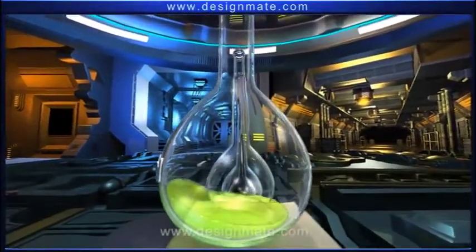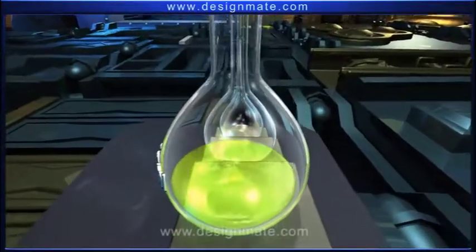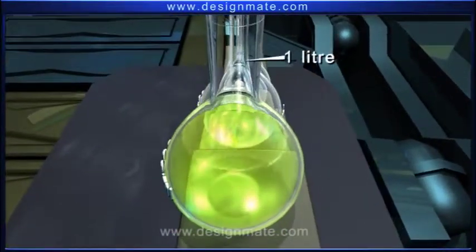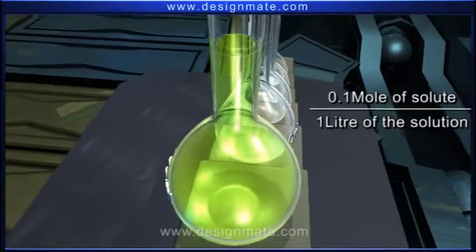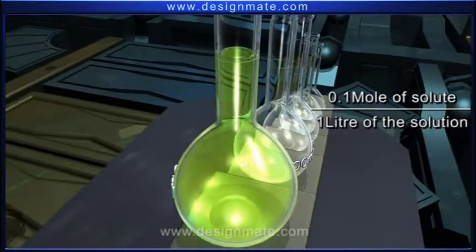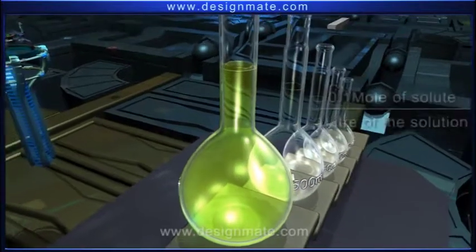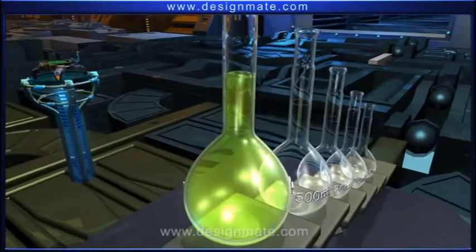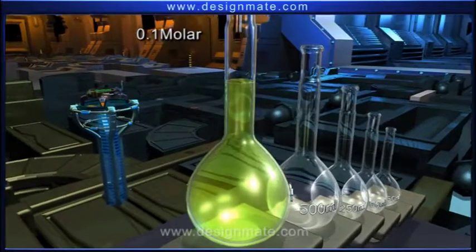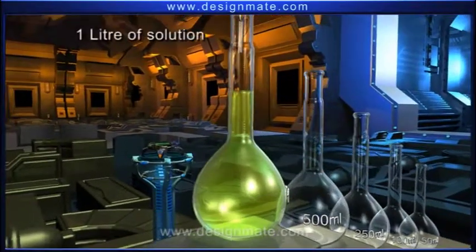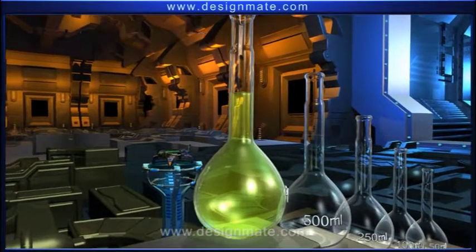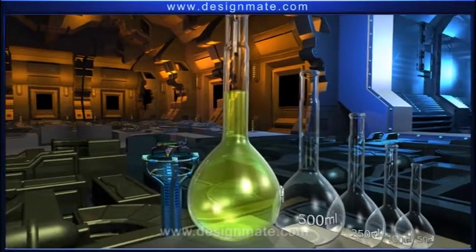Then fill the remaining flask with distilled water exactly to the 1 liter mark. The solution now contains 0.1 moles of NiCl2·6H2O dissolved in 1 liter of the solution. Thus, the prepared solution is 0.1 molar nickel chloride solution. Remember here that the solute is dissolved in 1 liter of solution and not in 1 liter of solvent.